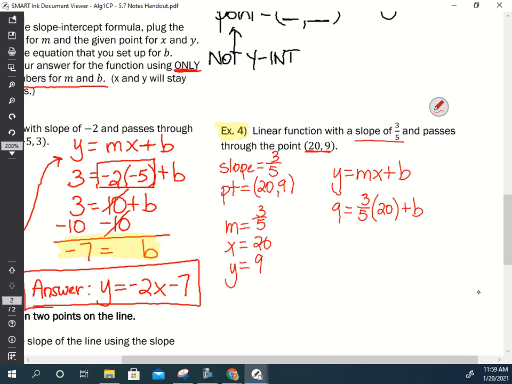What do we do first? All right, what am I multiplying? I'm multiplying 3/5 to 20. So what does that give us?